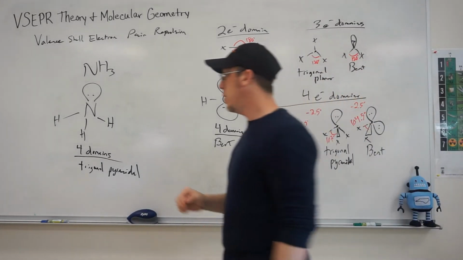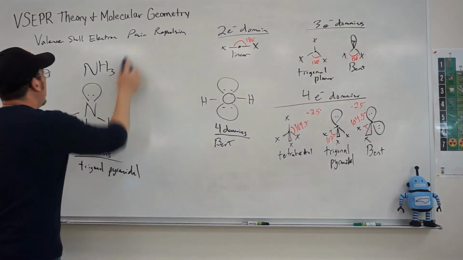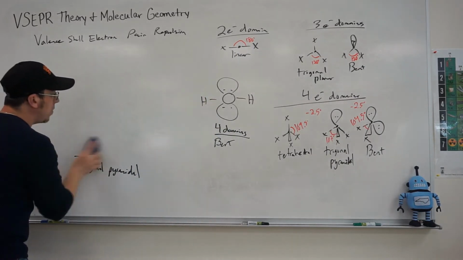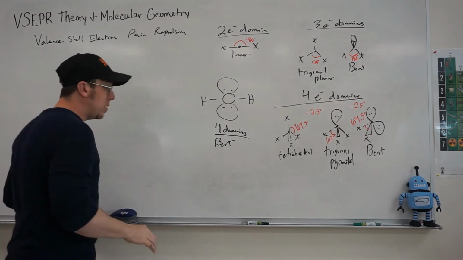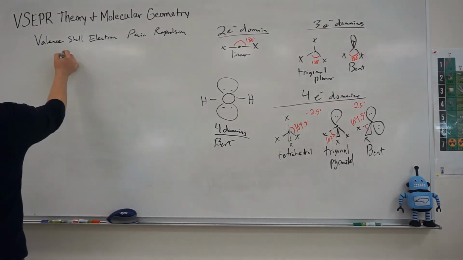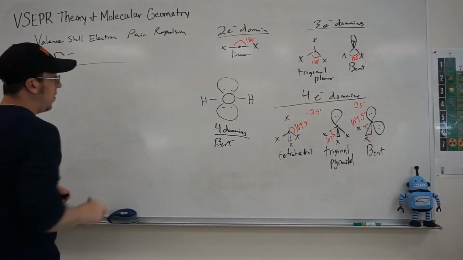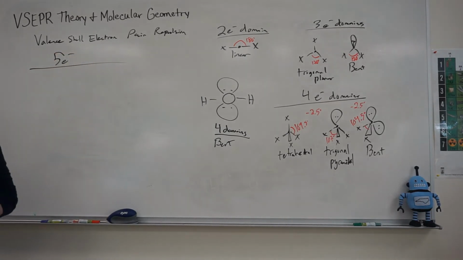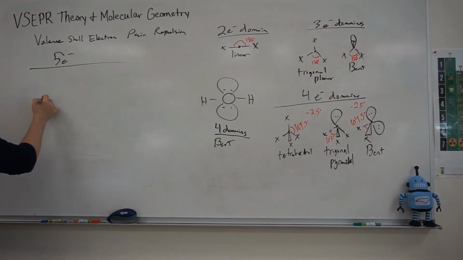So there's 2 domains that we want to finish off with here, and that is the 5 electron domain and the 6 electron domain. For the 5 electron domains, there are 4 different geometries that can be played.